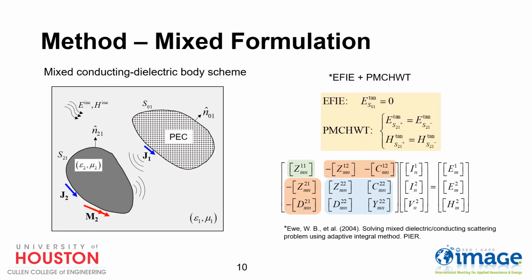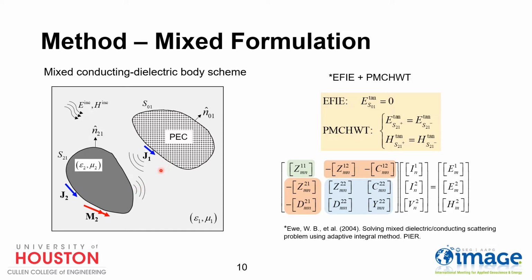In the previous slide, I just showed how to model the energized casing and the CO2 plume separately. However, this is a mixed conducting and dielectric body problem, so we need to consider the coupling between them. For example, the current on the PEC surface will produce E and H fields on the boundary of the dielectric body, and also the current on the dielectric body will produce an electric field on the boundary of the PEC.